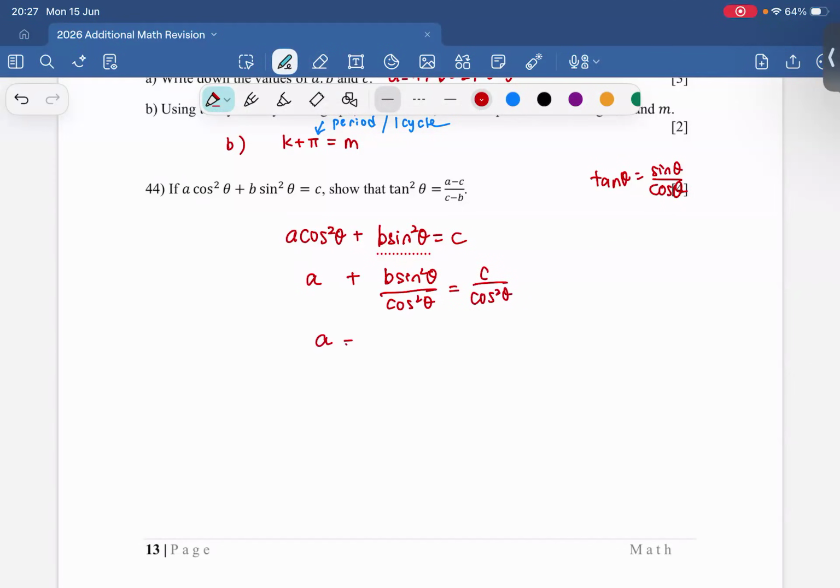This will give me B tangent square theta. What about this? I know that cosine square is not actually linked to tangent square at all, but I know that secant square is actually linked to tangent square. So actually this can be written as secant square theta.